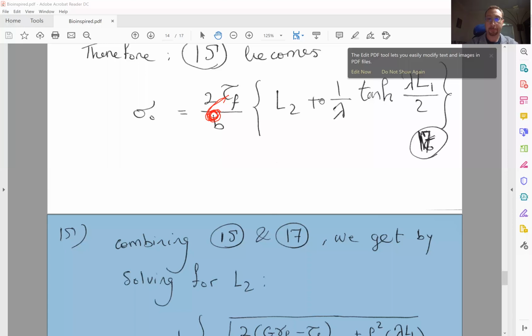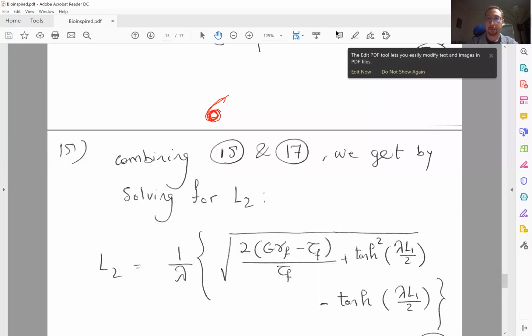Combining equation 15, which was the previous equation we had for L2, with this new equation 17 that we derived for L2, allows us to calculate L2 as a function of L1, basically to get a relationship between L2 and L1.